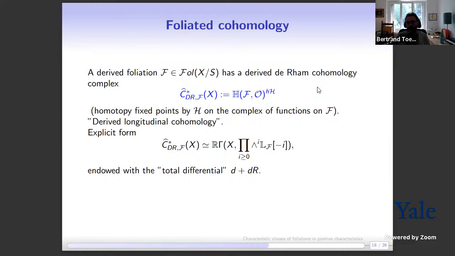And there is an external differential which is the de Rham differential, this action of the mixed structure given by the action of H. And you take the total complex of that. So the underlying complex is pretty simple. It's something very close to the cyclic cohomology complex associated to a natural mixed complex.